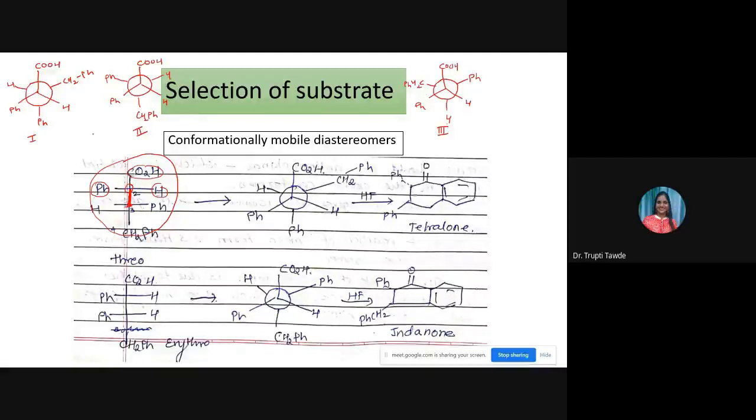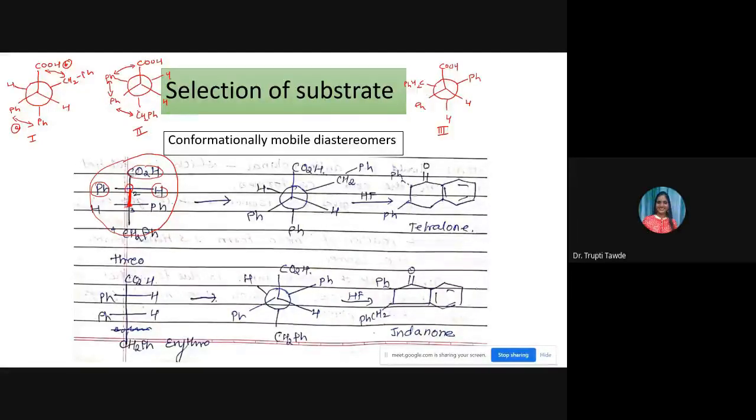First one, because now here we can see the two pH groups are close, still they're gauche. These are also gauche, but these two gauche, if you see, they are anti to each other. This is the first gauche, let's call it A. This is the second gauche, right? But look at the first and the second gauche, they are anti to each other. Now look here, these two are gauche to each other, these are also gauche, these are also gauche.